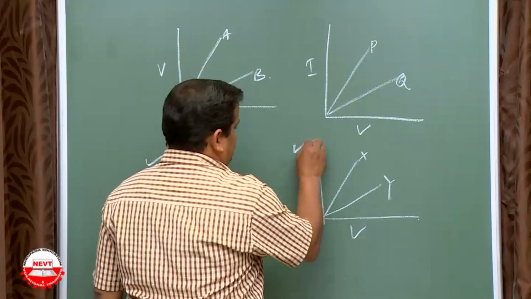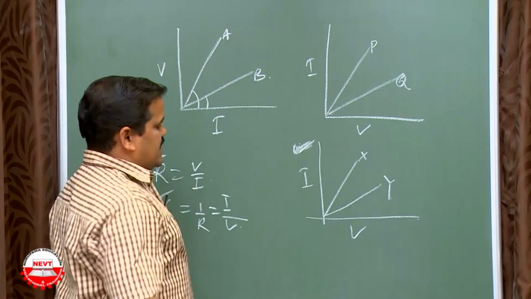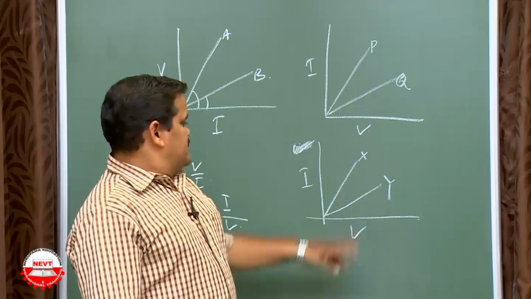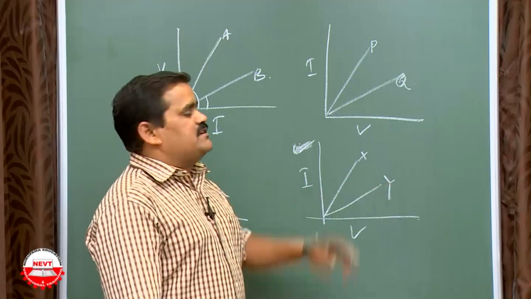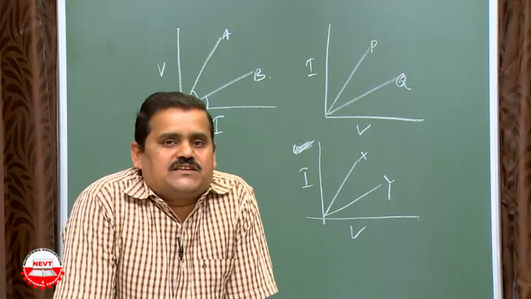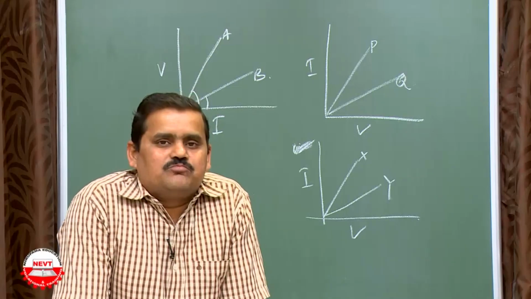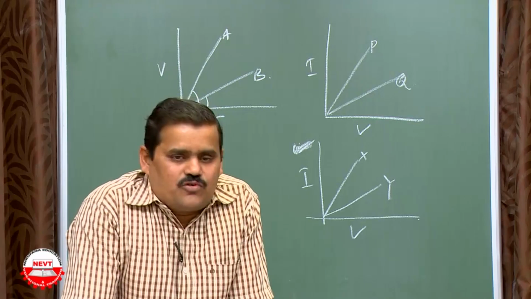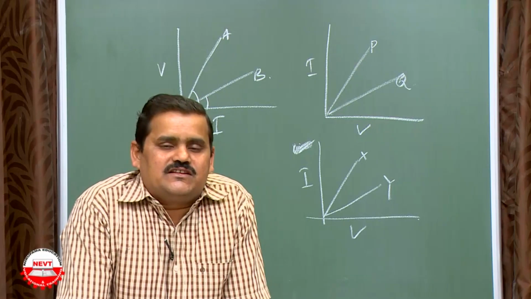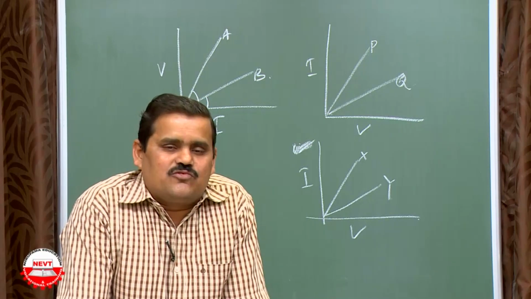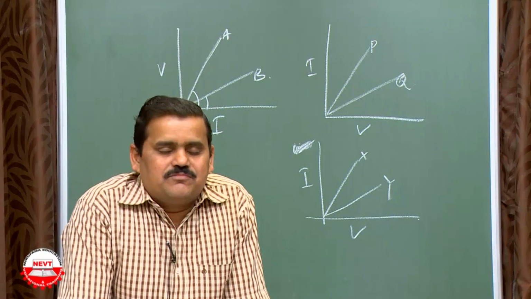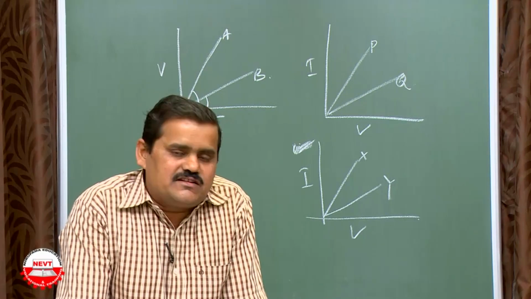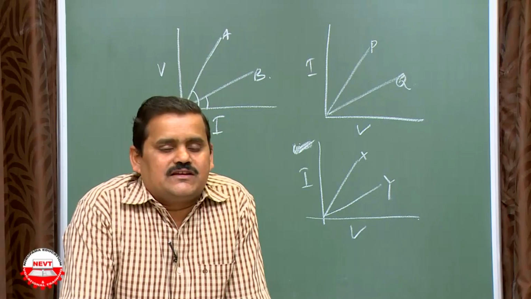In this third graph, I versus V, in case of X and Y, which has more temperature? You have to know that if resistance is more, then the heat energy liberated is high. More resistance, more heat energy produced. Mainly in heating devices, you will notice that they have high resistance and produce high heat energy.